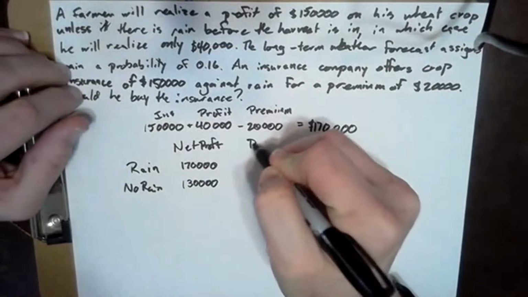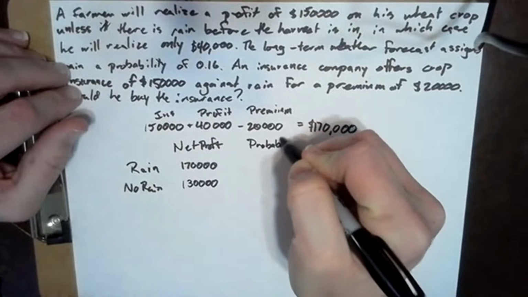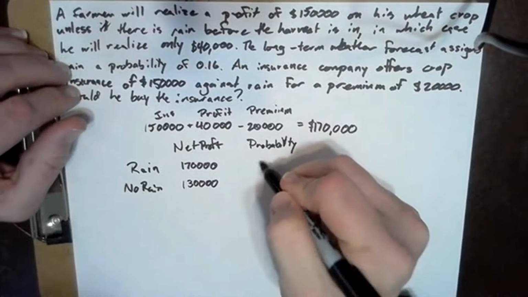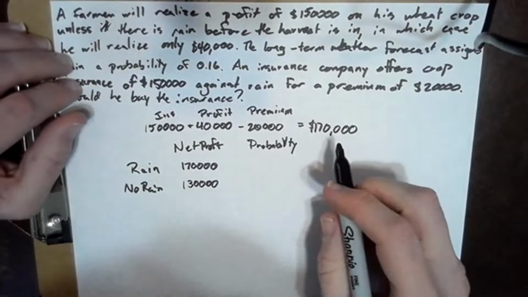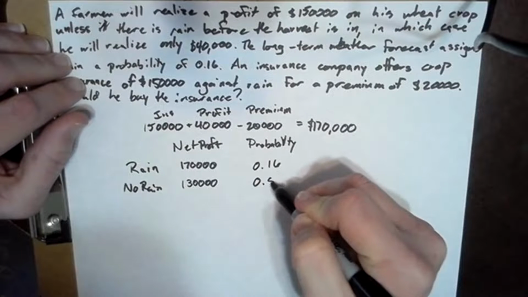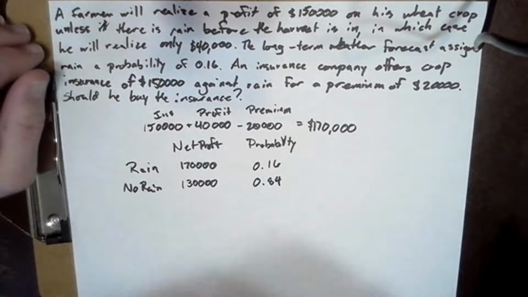The probability is 0.16 for rain and 0.84 for no rain.